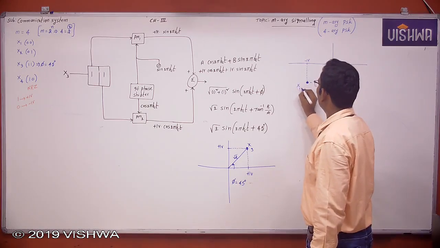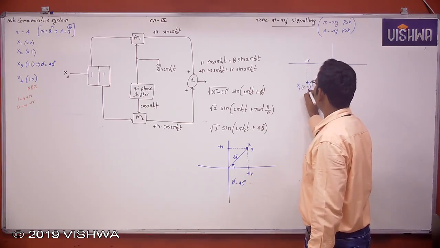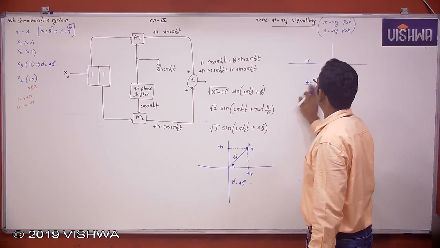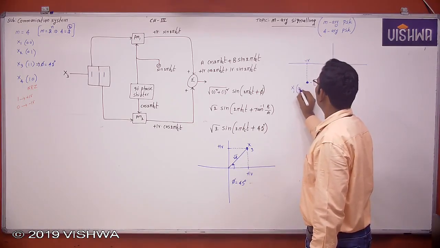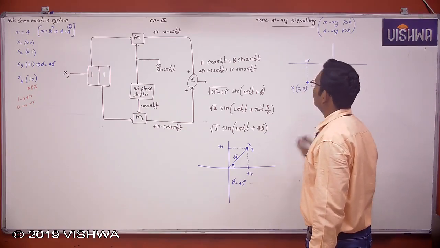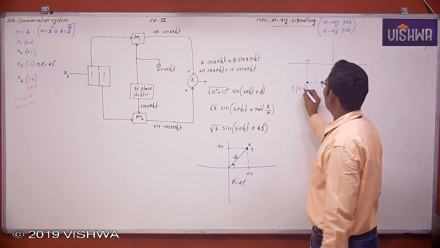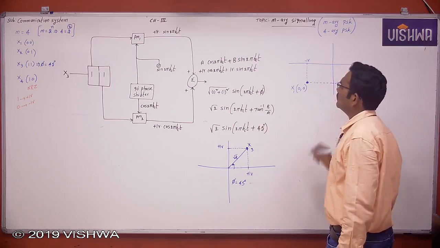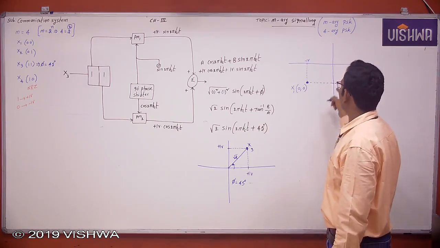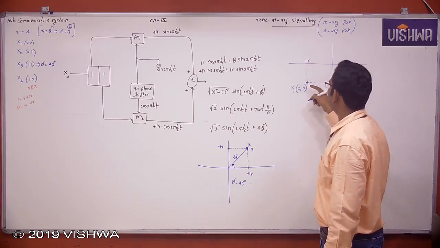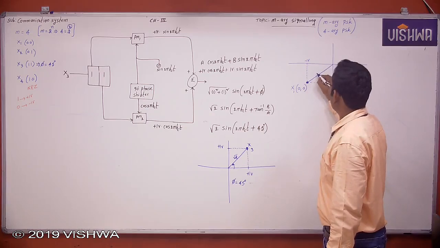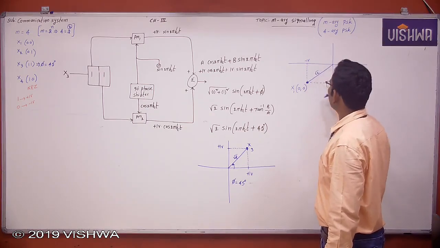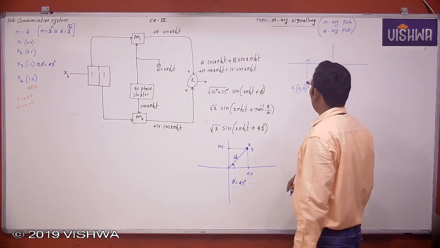So x1 is 0 0, minus 1 volt, minus 1 volt. Now this is negative voltage, this is negative voltage. The distance from the origin to the symbol is called the magnitude. What is the magnitude? Now what is the phase?